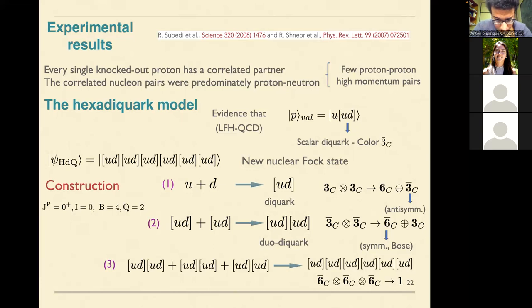Now we go to the next step. The next step is to take these dual diquarks and get them together. That is going to be a 6-bar times 6-bar times 6-bar, and this gives you a singlet. So this contraction is the contraction of the extra diquark, which gives you a singlet.